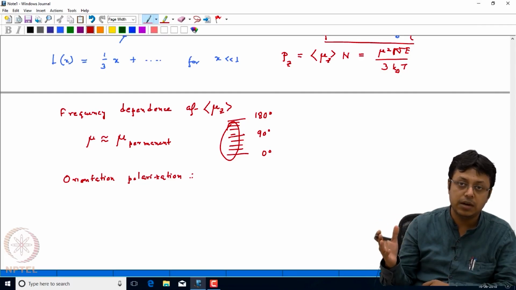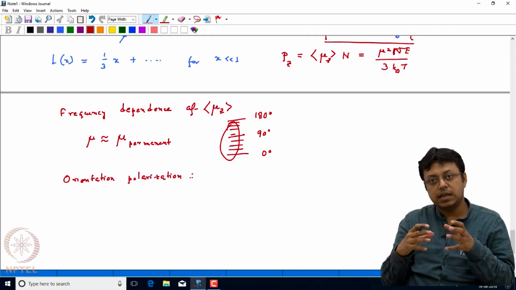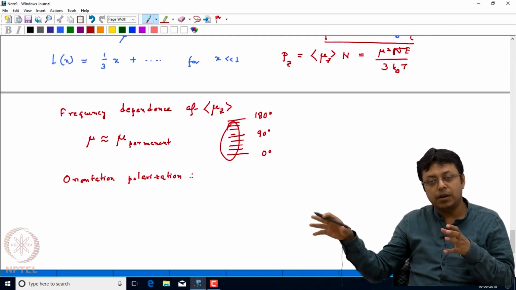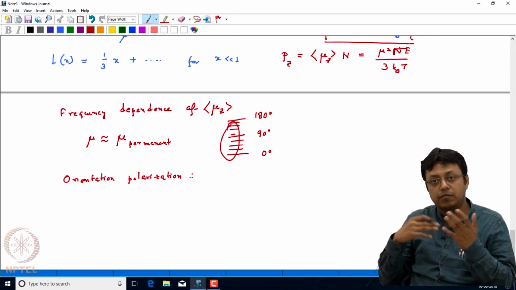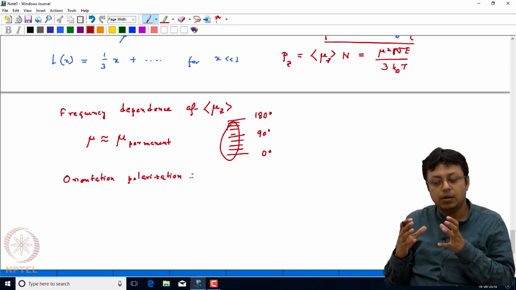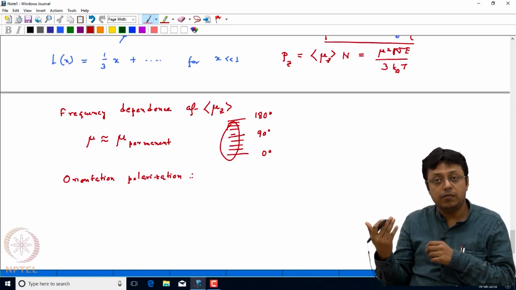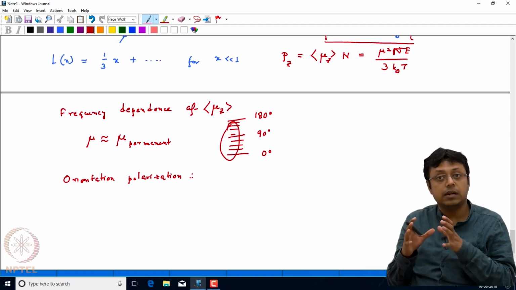So if I switch the electric field frequency from very low frequency to approaching the microwave region, with very fast switching of the electric field, then the contribution of the orientation polarization to the total observed macroscopic polarization will be 0 as I go to higher electric field frequency. Remember that I am talking about the electric field frequency, not the electric field strength.